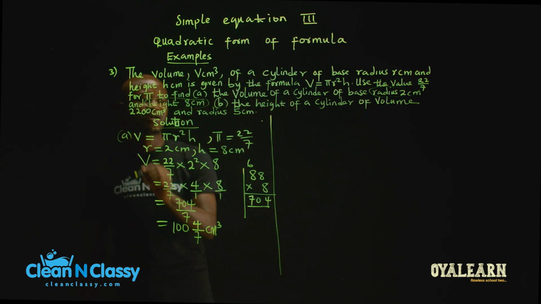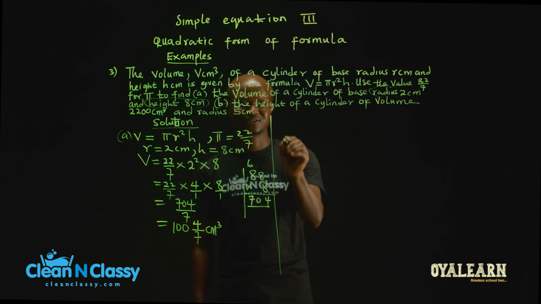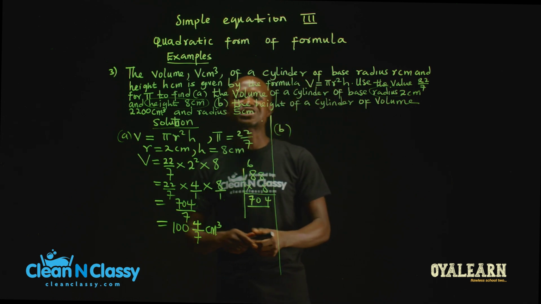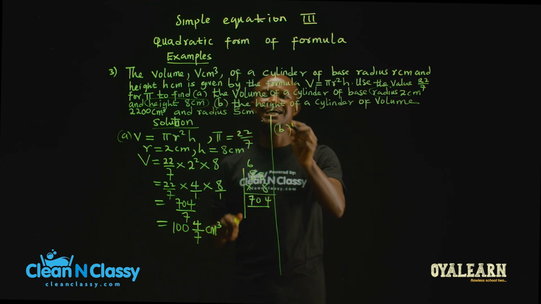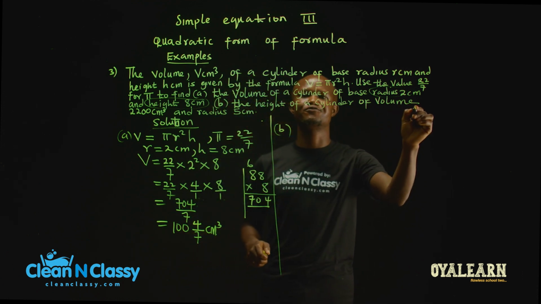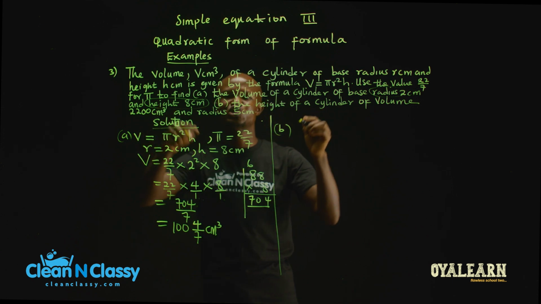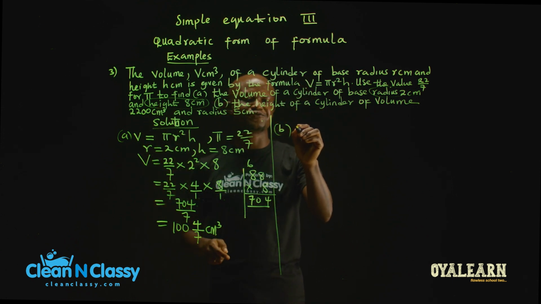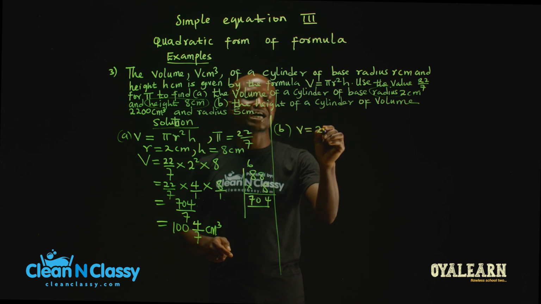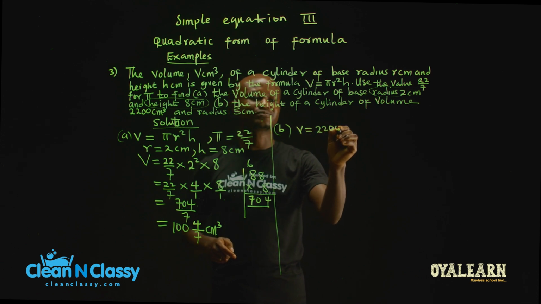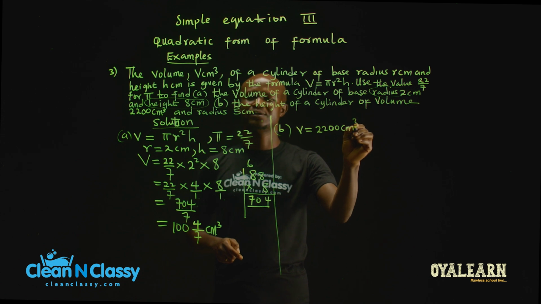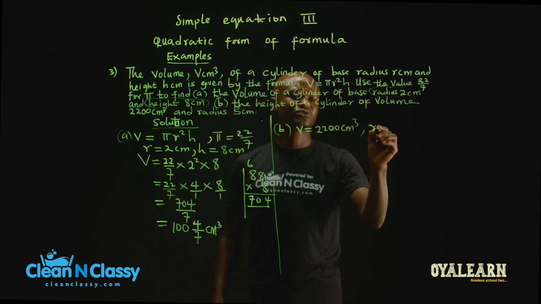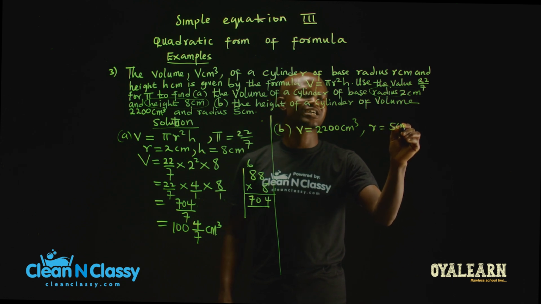That is A. Now let's solve for the B part. We are asked to find the height of a cylinder of volume 2,200 centimeter cube. From this question, we are given V to be 2,200 centimeter cube, and we're also given the radius R to be 5 centimeter.